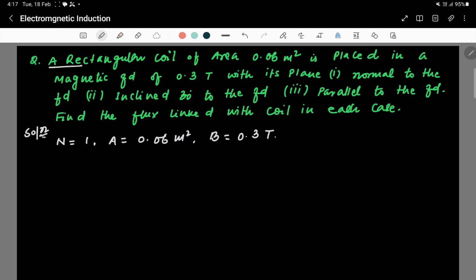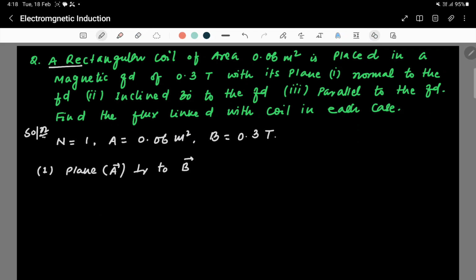What is the first question? The plane normal to the field. Plane means surface area. Normal in the sense of perpendicular to the magnetic field. Now see, boys, this is a rectangular coil.